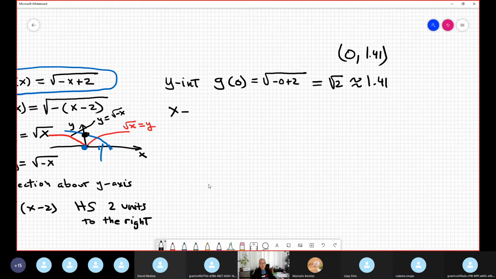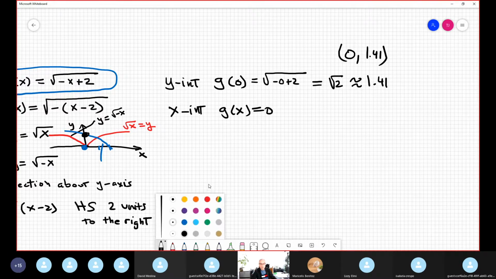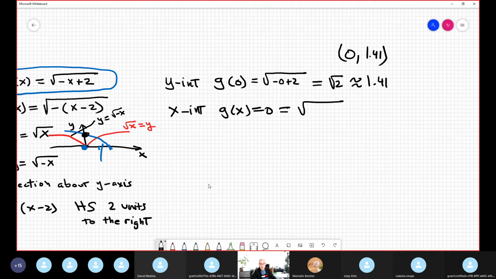And the x-intercept is when g of x is 0. In other words, 0 is equal to square root of minus x plus 2. You take the region; either way, they are equivalent. Now this is a radical equation, but it's easy because when you square both sides in order to eliminate the radical, 0 squared is 0, equal to minus x plus 2.